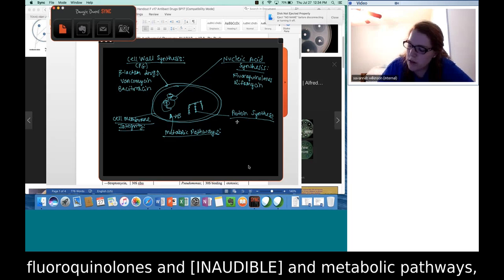Protein synthesis: aminoglycosides, tetracycline, macrolides, chloramphenicol, oxazolidinones.